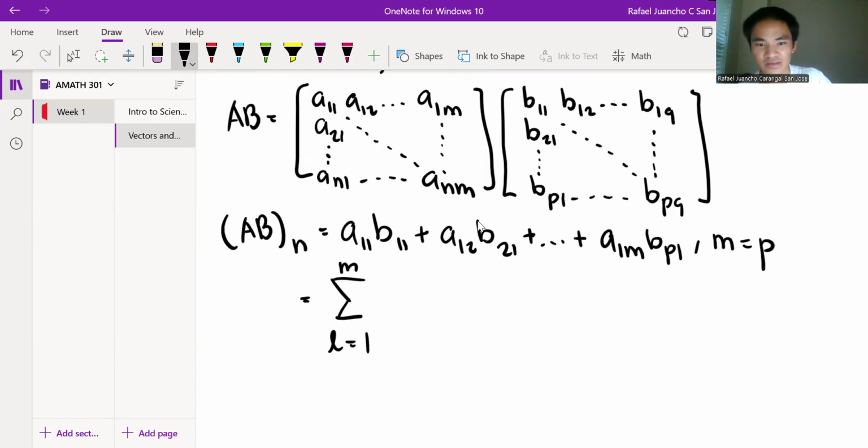So how does that look? A_1L, B_L1. And again, same condition: M should be equal to P.